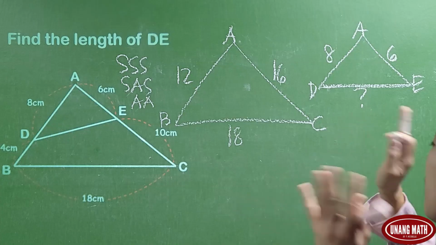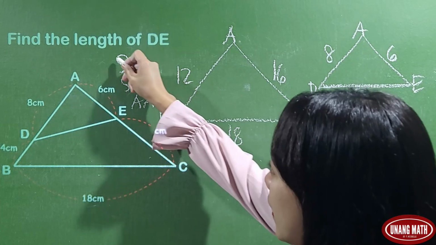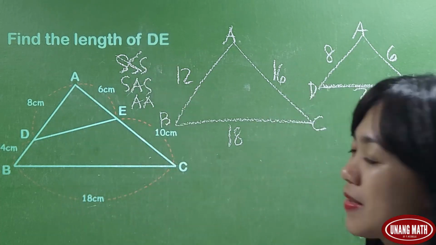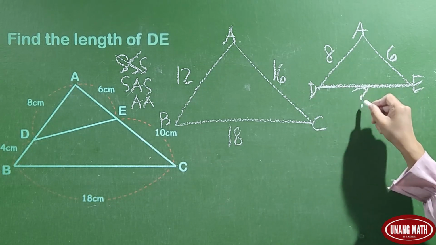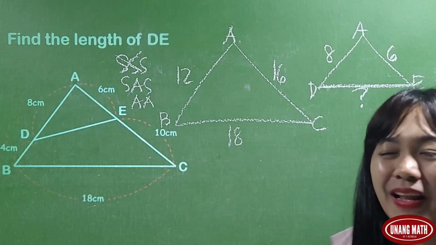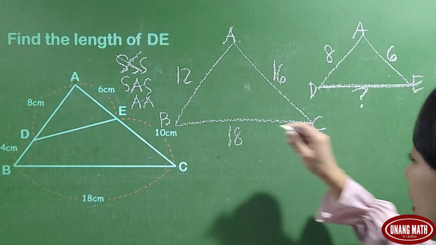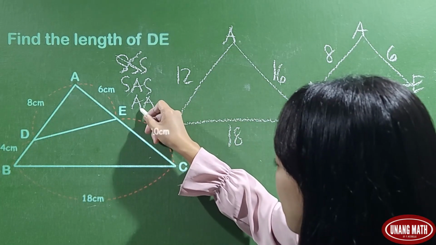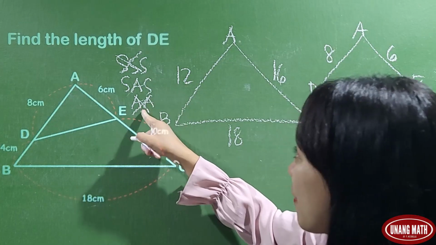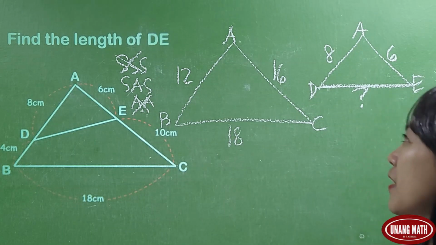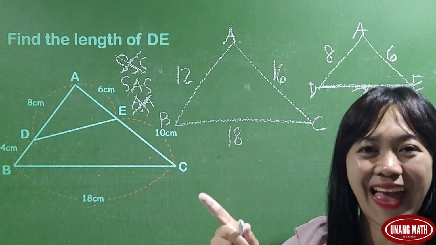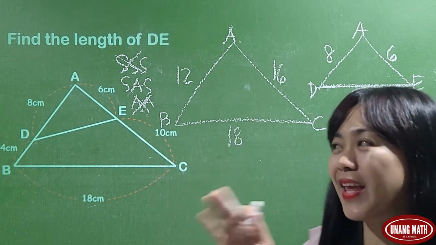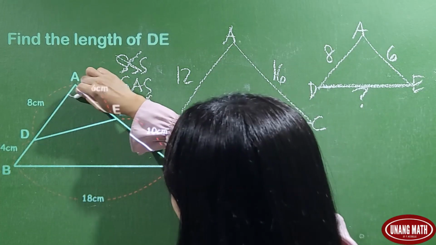So in here, obviously we cannot use SSS similarity. It's because one side is missing, or we don't know the length of one side. Okay, what about AA similarity? We also cannot use AA similarity because we only have one pair of corresponding angles that are equal in measure, and that is this angle.